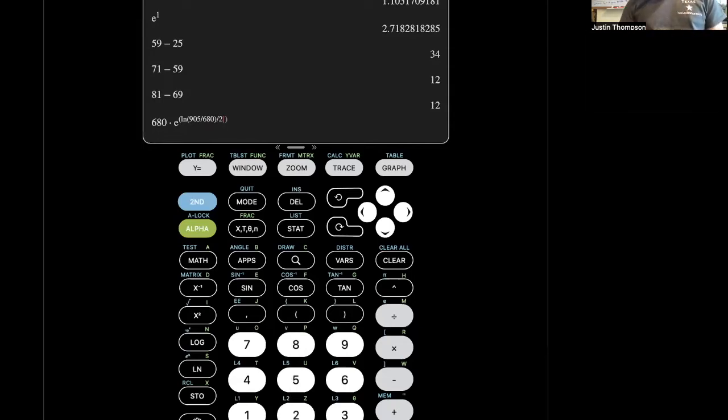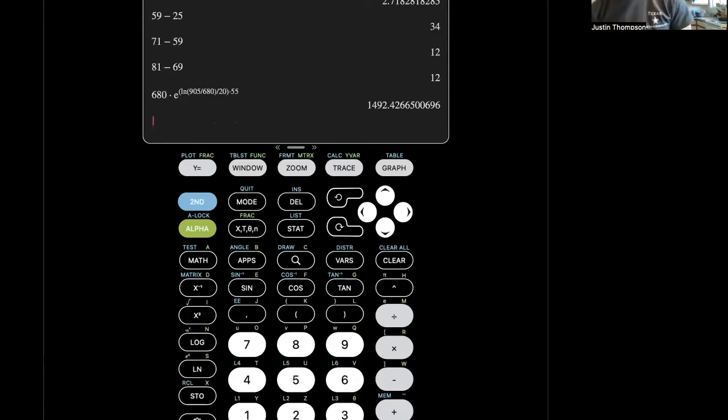That was my k right there. That's what I did to find the k. Now I'm going to take k times, in our case, 55. And we get out 1492.43.